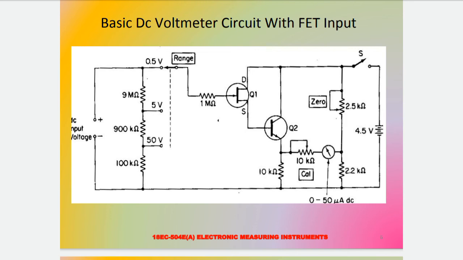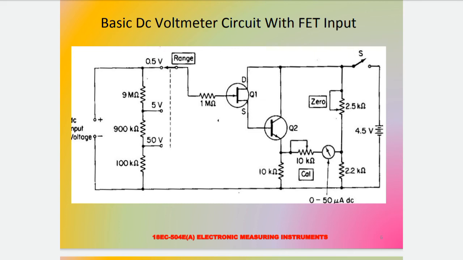And there is a 1 mega ohm resistance that is connected to the gate of the FET, and we have two transistors, one BJT and one FET. FET is the Q1 and BJT is the Q2, and there is a 2.5 kilo ohm resistance for the zero adjustment, and a calibration resistance.